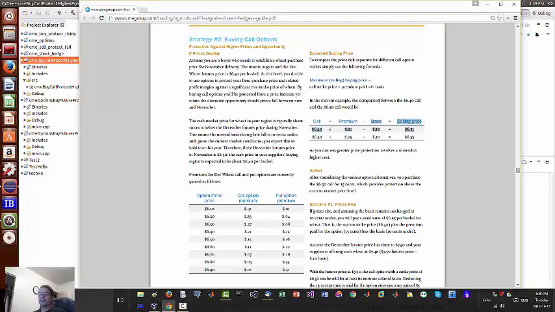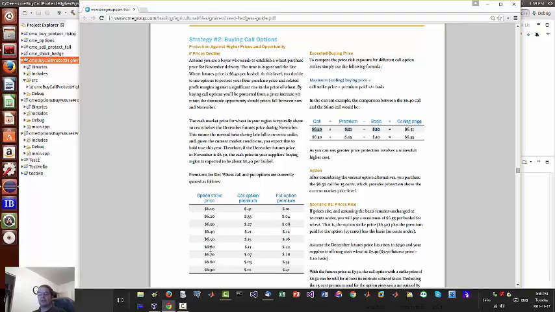So the ceiling price, which is this calculation here, strike price plus the premium plus or minus the basis. So in this case we have the ceiling price at $651.